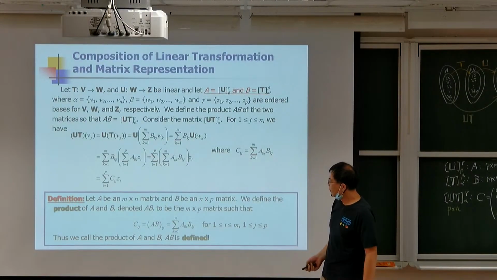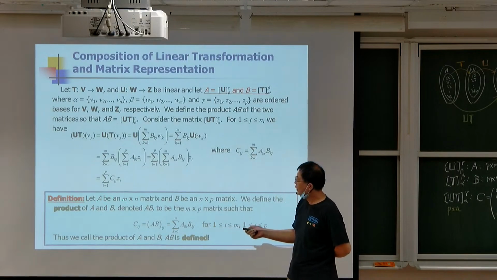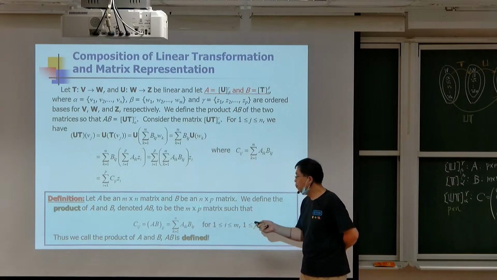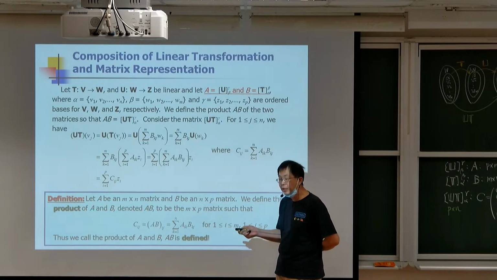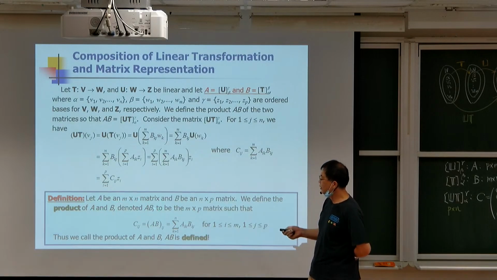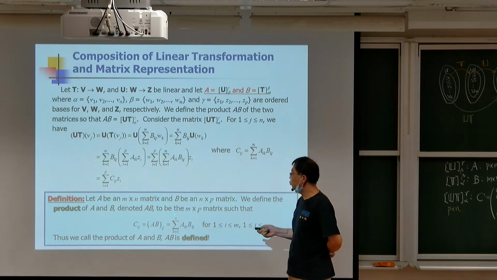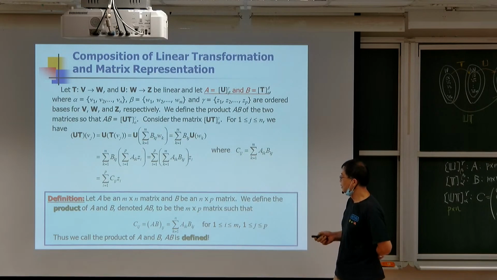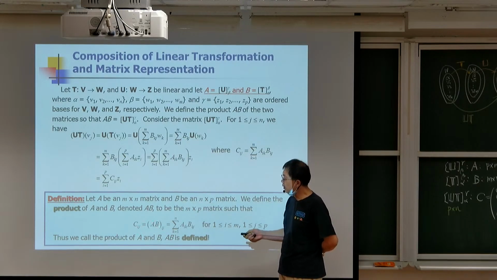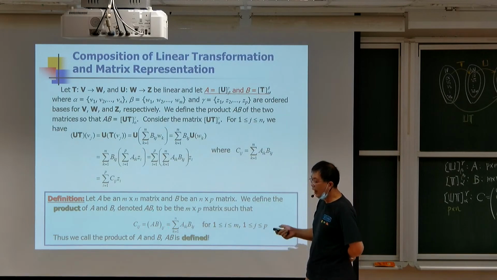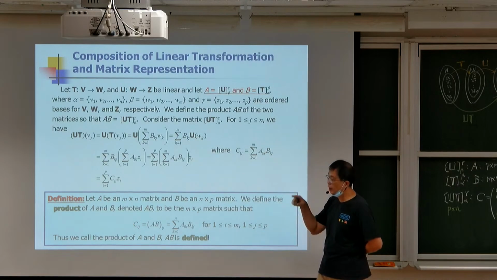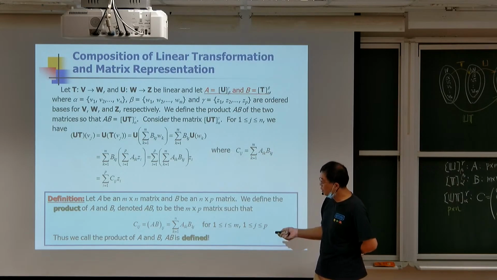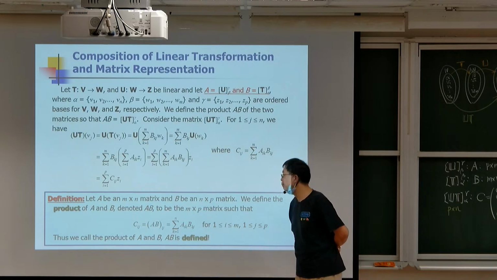So here we define that, let A be an m by n matrix and B be an n by p matrix. We define the product of A and B, and we denote it as AB, to be an m by p matrix, such that the element Cij, the intersection of the ith row and the jth column, will be equal to the sum from k equals 1 to n of aik times bkj.